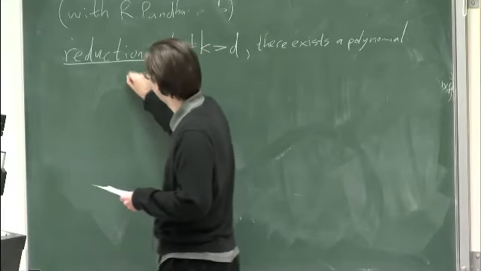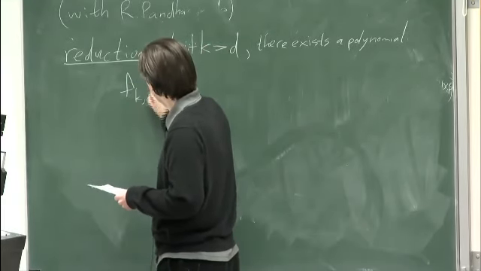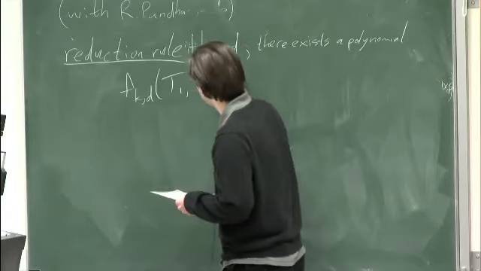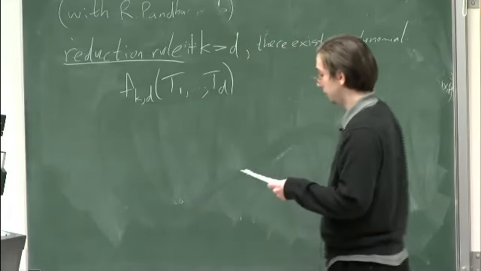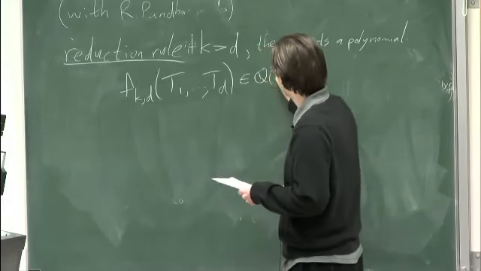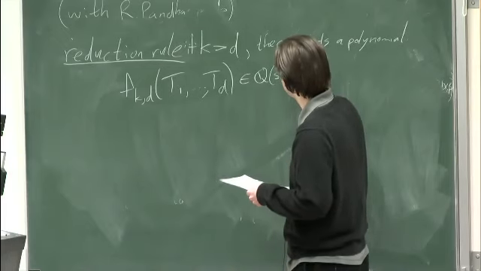there exists a polynomial f_{k,d} of t1 through td, just d indeterminates. The coefficients here will be rational functions in s1 and s2.